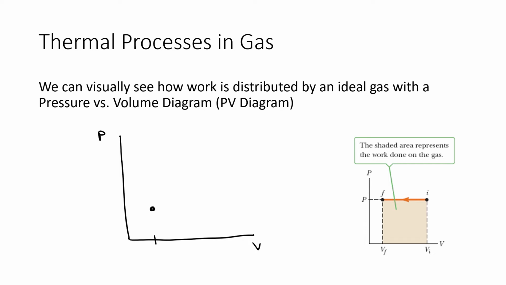Say we start right here, and our pressure increases. We will go up to that point right there. Let me put that work equation on here also. P1, P2, V1.